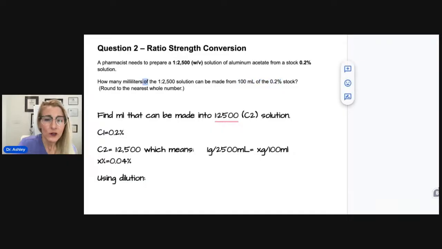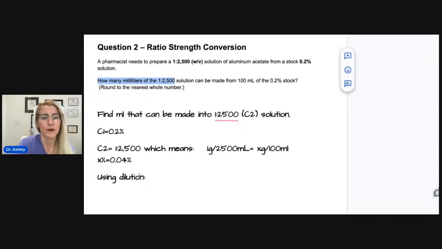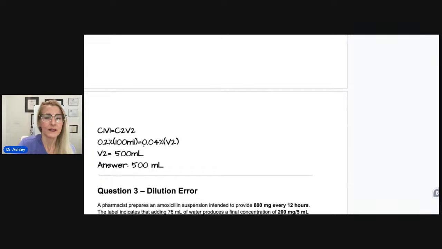There is a word of here. So X milliliters of the other concentration that we just found, 0.04, would go together. And it did, right? Of lets me know it's together. Very good. Of does let you know it's together.